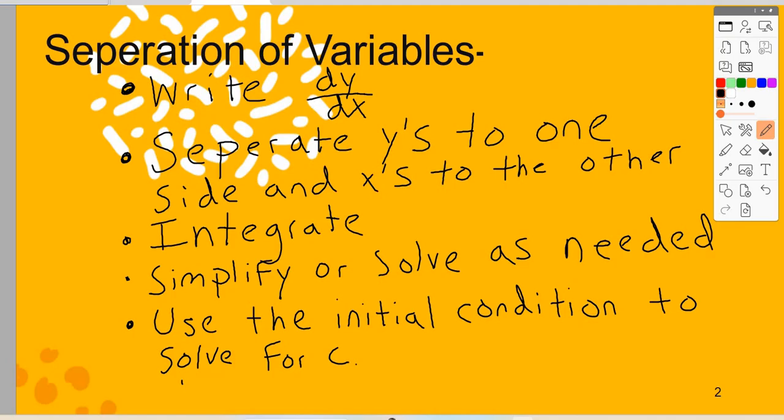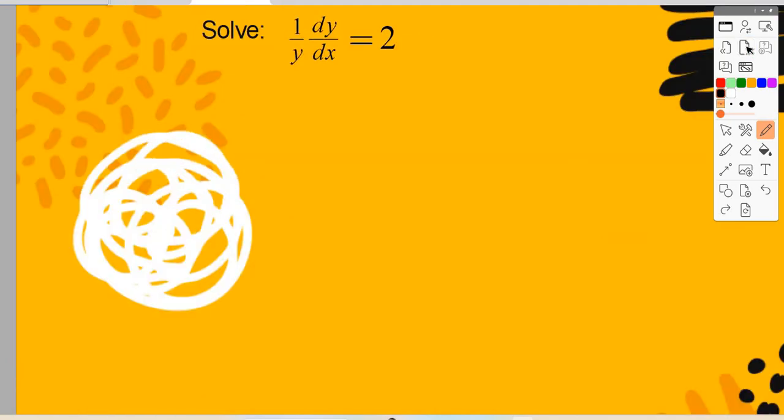So let's look at an example. I have 1 over y, dy dx equals 2. So we already have our dy dx built in, so we don't have to do anything with that. On the left hand side, what do we have right now?